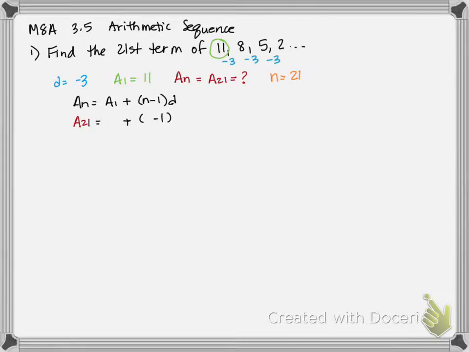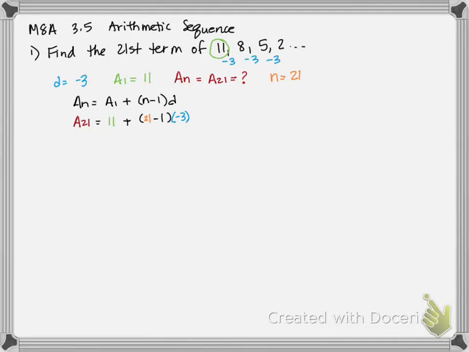And then A sub 1 is going to be the 11. The n is 21. And we're going to multiply that by -3, because the best thing to do is use parentheses, so you understand it's a multiplication problem, not an addition or subtraction problem.